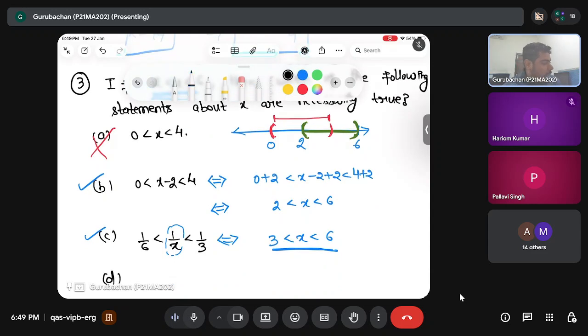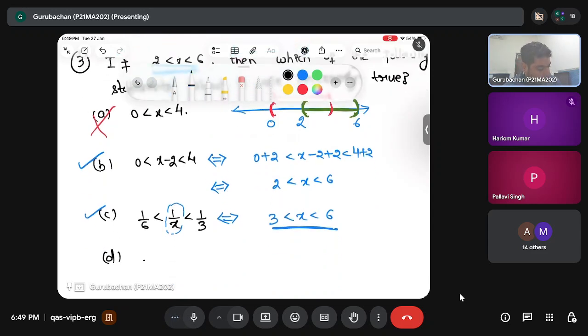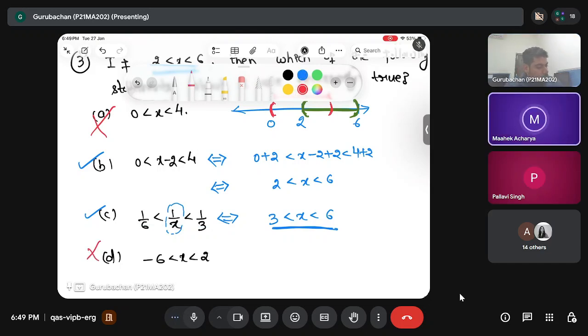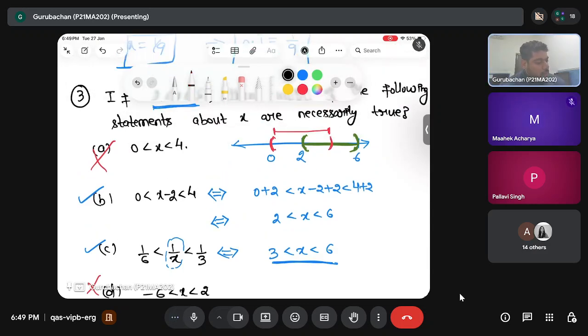Now tell me the last one: minus 6 less than x less than 2. What will be in this scenario? Not true. Reason: it is not included in the set itself. If you draw here, suppose minus 6 is here, so this will be minus 6 to 2.